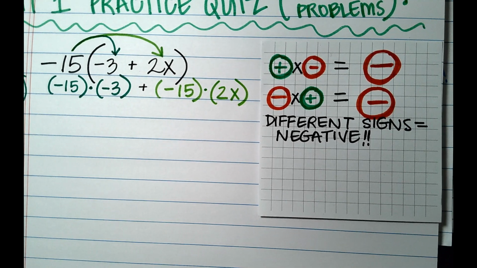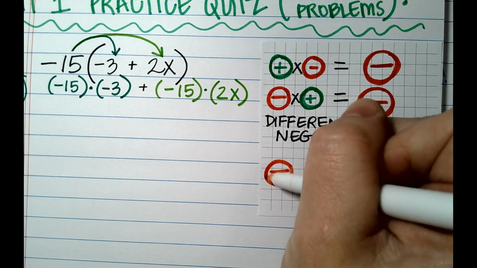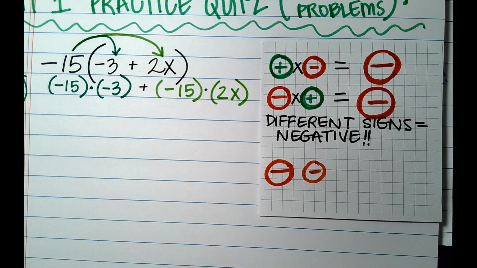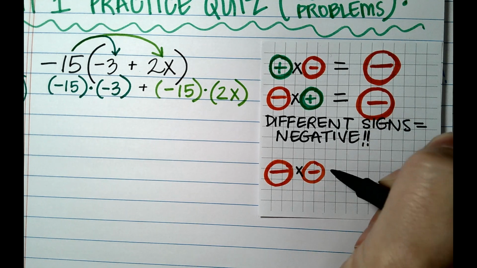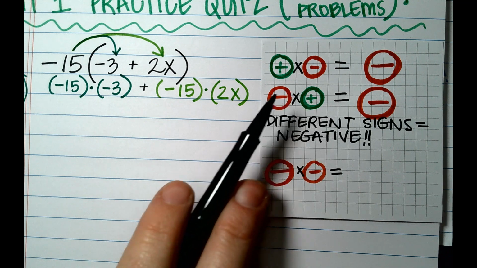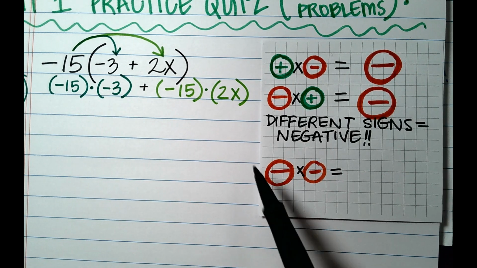Now, I think we all know that if you multiply a positive number times a positive number, you'll get a positive number. Do we all know that? Yes. So, the only other option there would be a negative number times a negative number. Now, different signs, a positive and a negative, give us a negative answer.